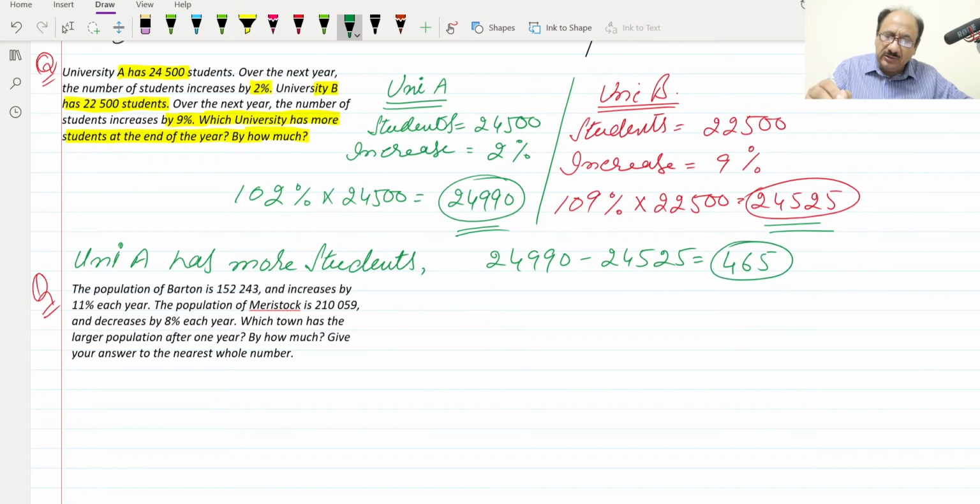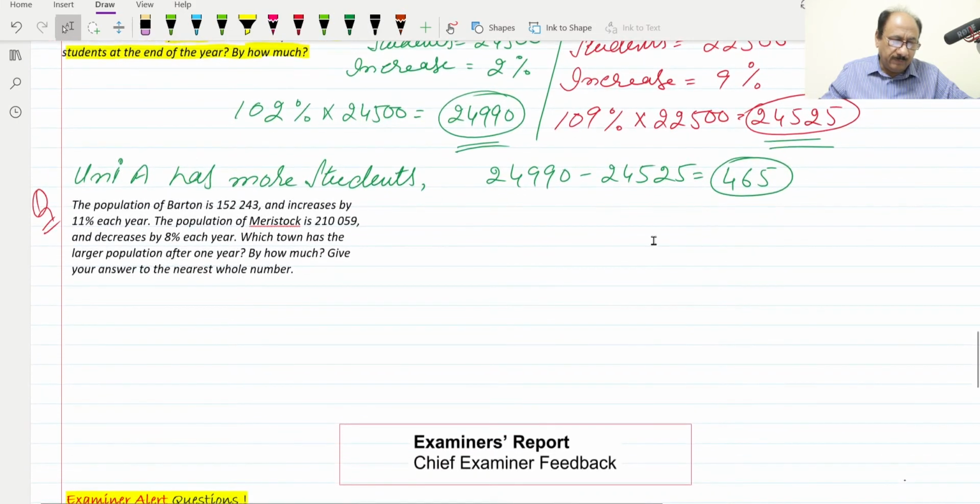This many more students will be in University A. This type of question is a little complicated or tweaked, and they are not asking direct questions, so you will have to be careful for that.